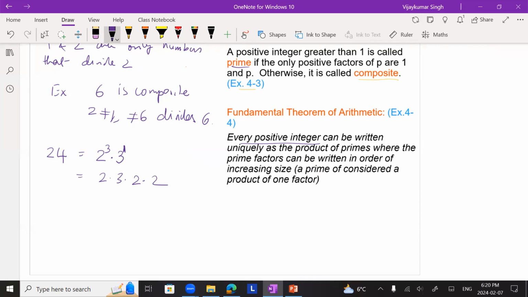But the fundamental theorem of arithmetic says I can write it in a way that the primes are in increasing order of size. Why would somebody need such a result? Because it gives a nice structure to this decomposition in terms of prime powers. It's a very, very powerful result.